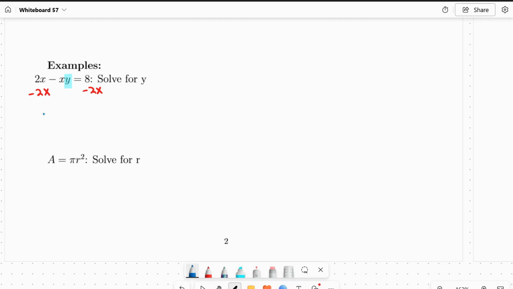Okay, that will give me negative xy equals negative 2x plus 8. Or you could write 8 plus negative 2x. Both are the same. Now we're still trying to solve for y, so we need to get rid of our coefficient. For this one, my coefficient is negative x, so I'm going to divide negative x from both sides.